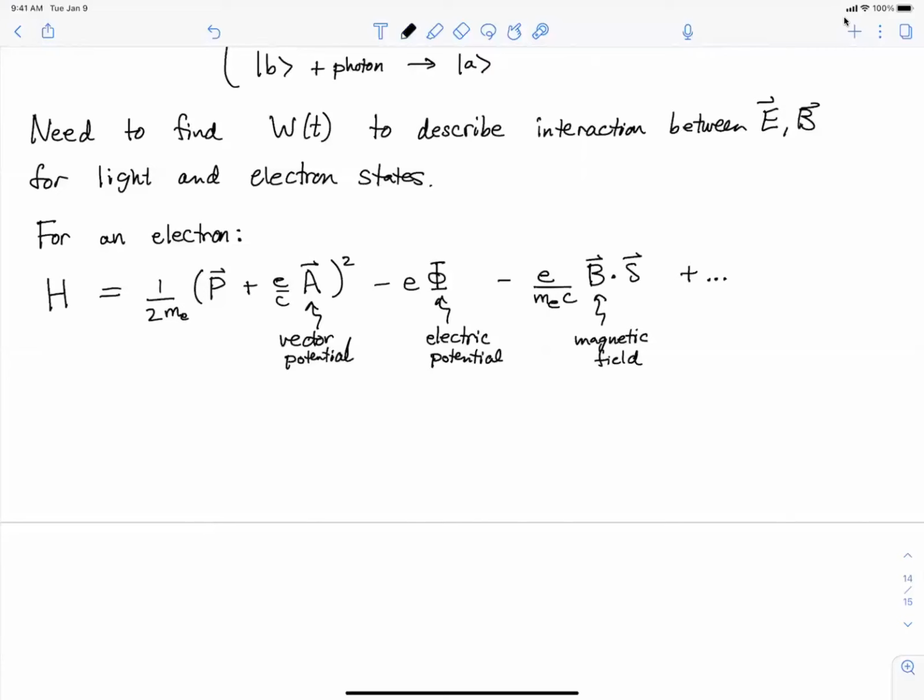Now, all of these quantities coming in here, the vector potential, the electric potential, and the magnetic field, we are going to treat classically, even though that's not quite right. If we were doing this really correctly, we should treat them quantum mechanically too. But for what we're going to do, this is good enough to get the answer. In fact, if we did treat them quantum mechanically, we would just be doing a lot of stuff that in the end would not affect the answers we're actually trying to get.